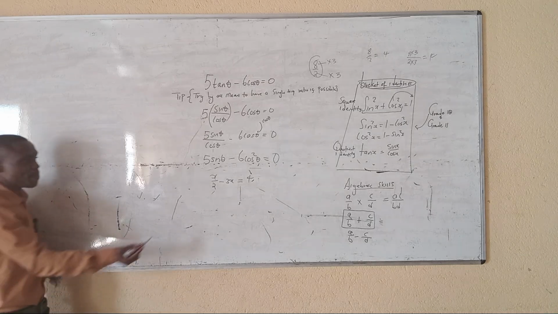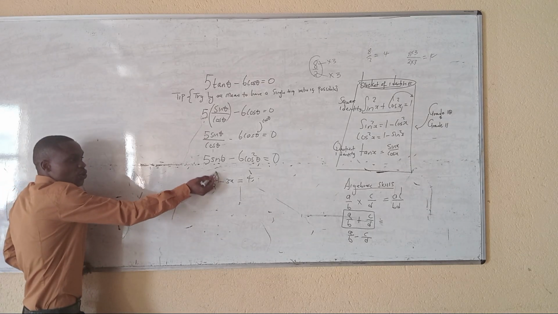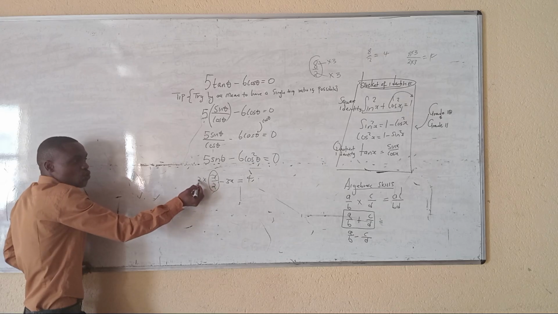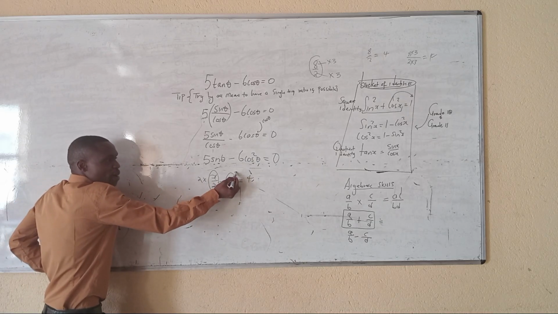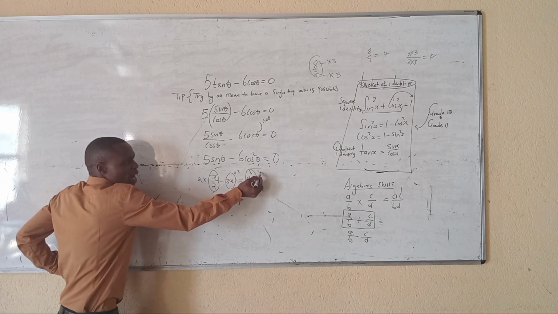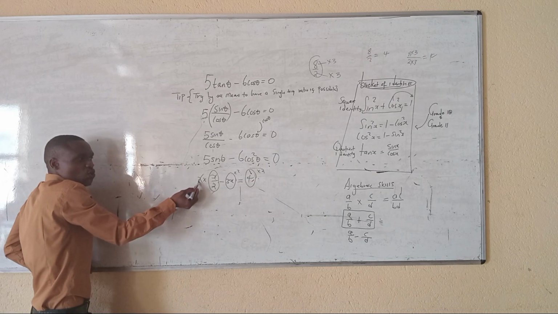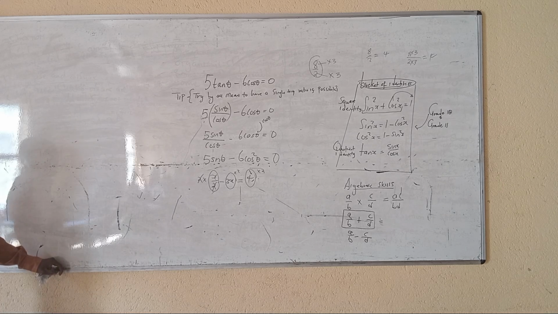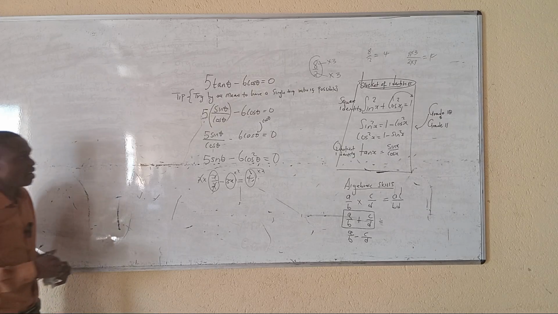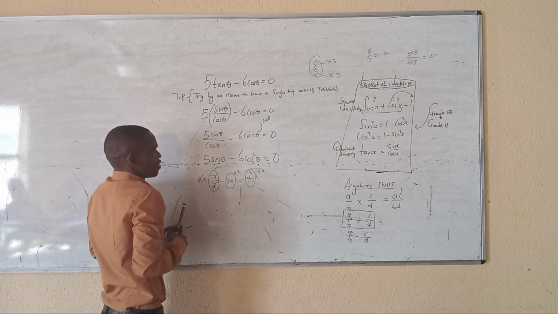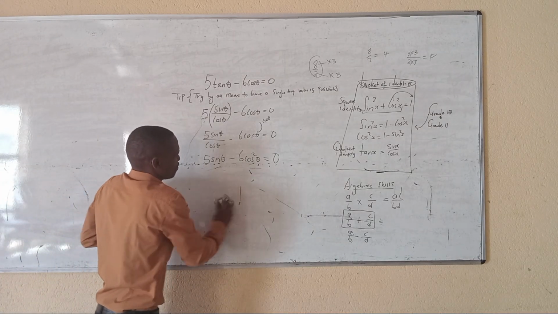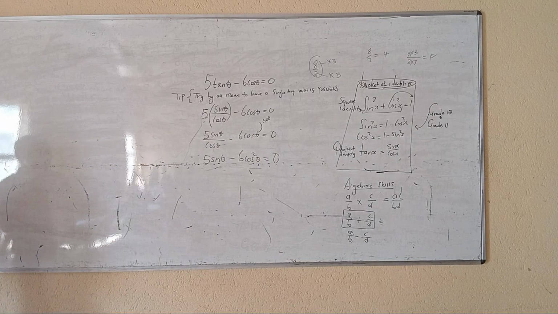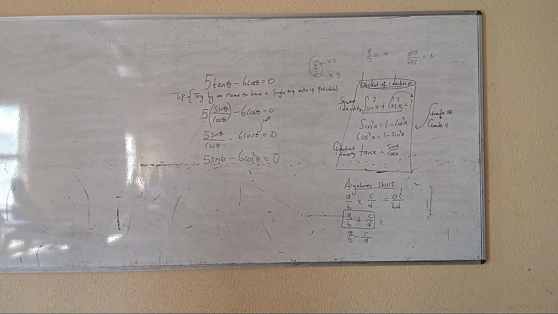So you can multiply every term by 2, so that this 2 cancels this 2. When you are working with equations, you just have to find a way of eliminating the denominator. I'm hoping you are not confused.